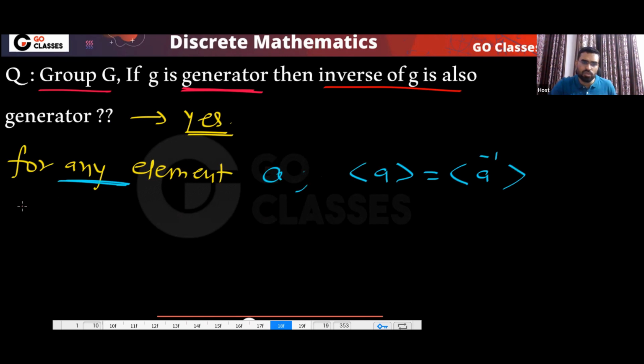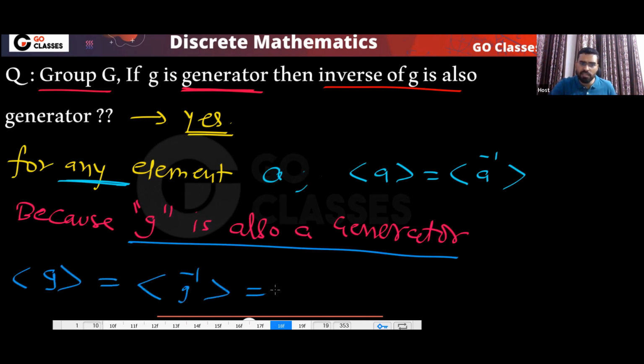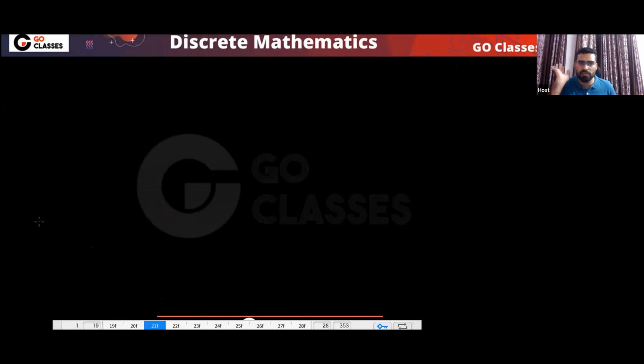But you can notice that because G is a generator, the subgroup generated by G is the whole group. So I can say that the subgroup generated by G inverse will be the same as G. Agree? Because G is a generator, it will generate all the elements. So remember, if G is a generator, then its inverse is also a generator.